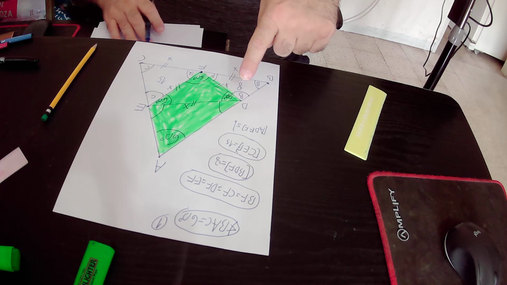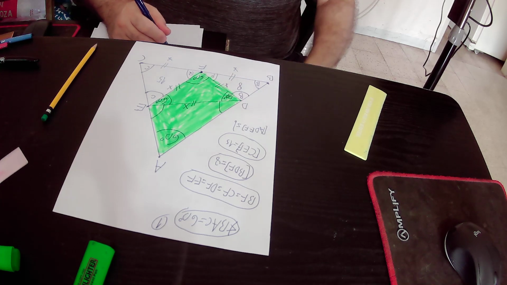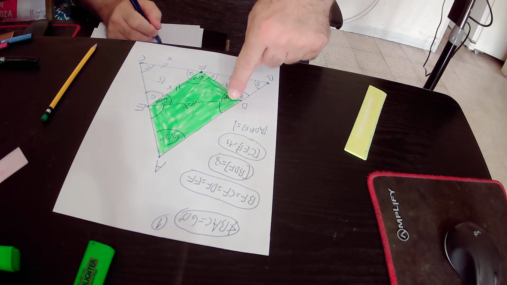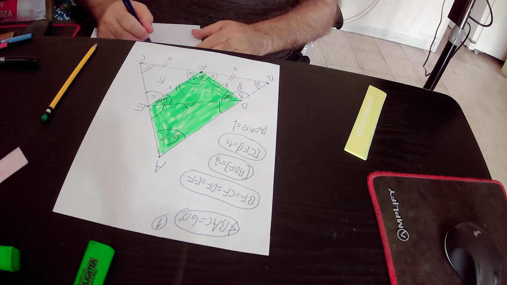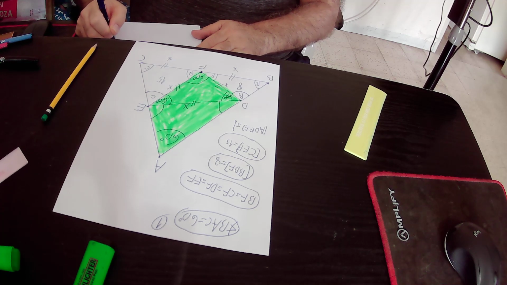That is to say, B plus 60 degrees plus angle ADE, this angle, must be equal to 180 degrees according to rule number 2.